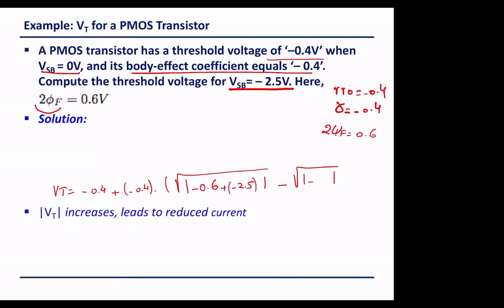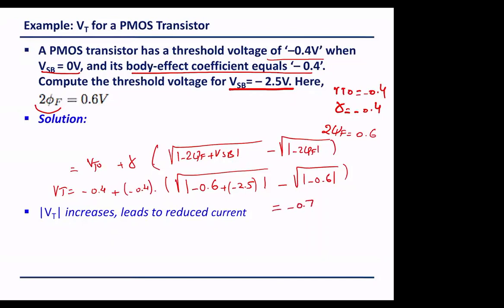If we plug in this information, VT0 plus gamma times the square root of the absolute value of minus 2 phi f plus VSB, we find that the value of VT becomes minus 0.79. So we started with a VTP equal to minus 0.4, and we ended up with a VTP equal to minus 0.79, so it almost doubled in absolute value.